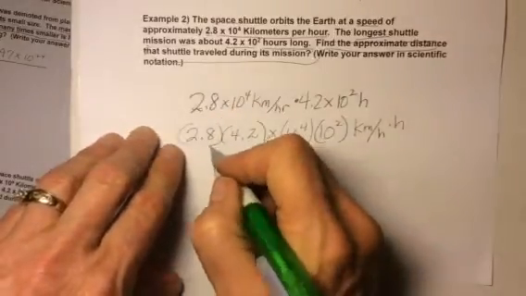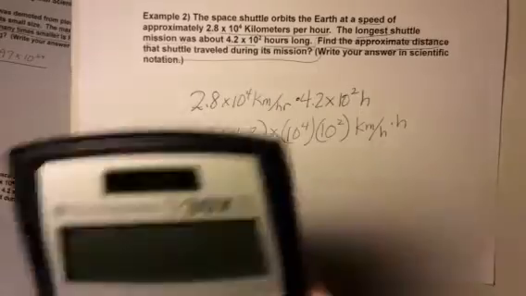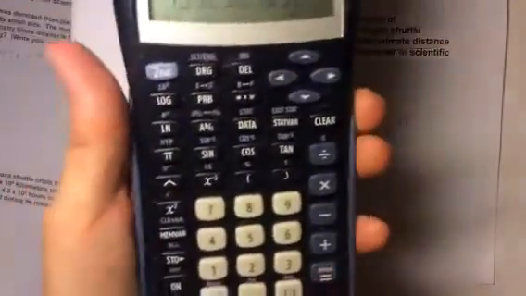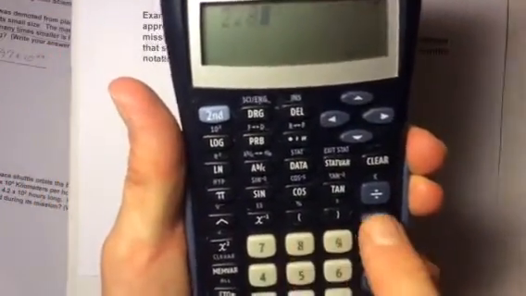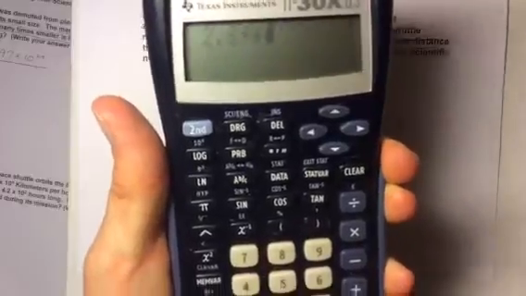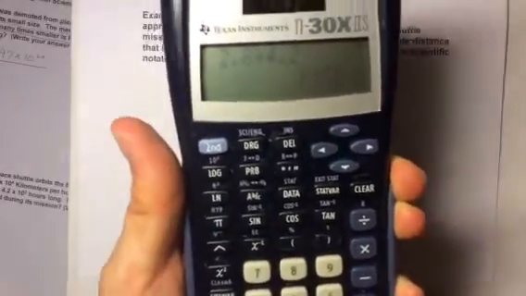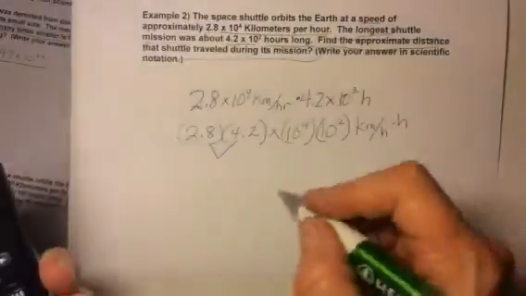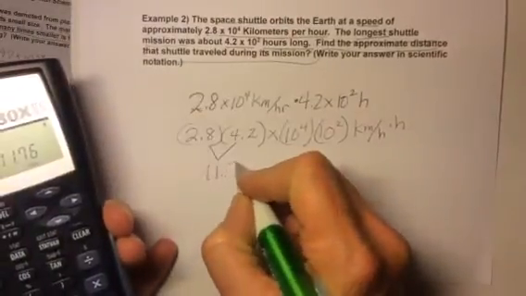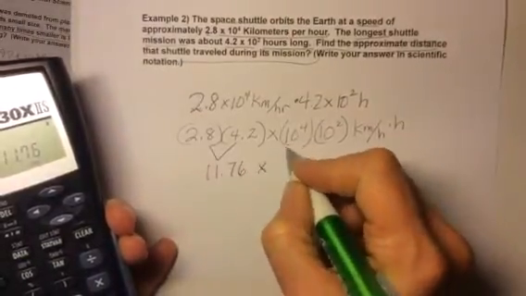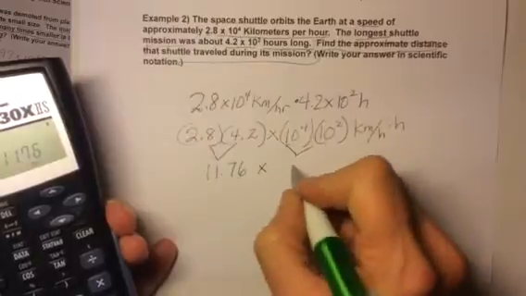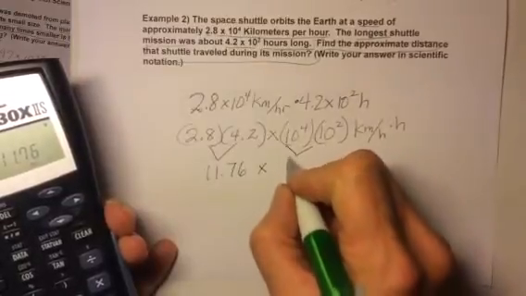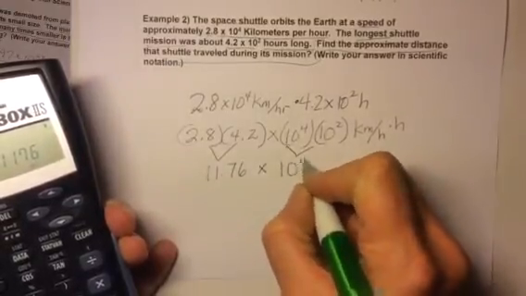Alright, so if I multiply these two on my calculator, 2.8 times 4.2, we get 11.76 times 10 to the 4th times 10 to the 2nd. We add the exponents, so that's going to be 10 to the 4 plus 2.